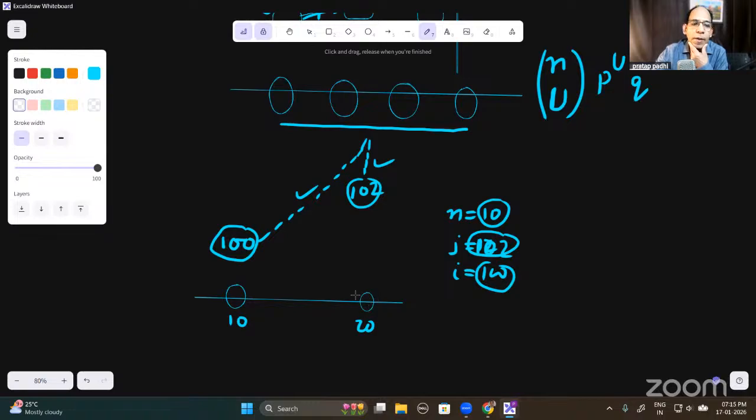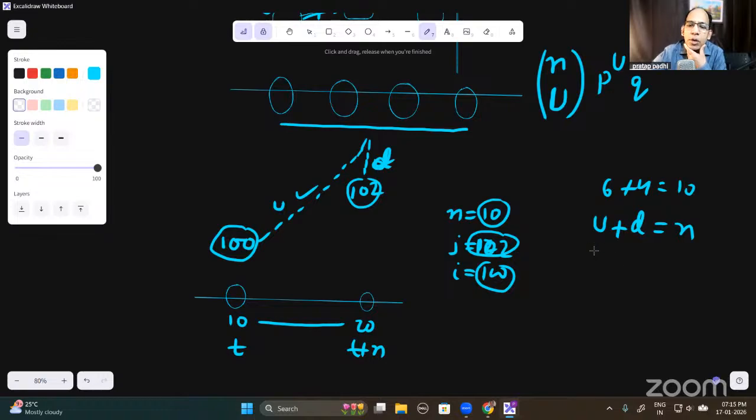Okay, total. So if you have u up steps and d down steps, then u plus d, the number of up steps plus down steps, will be equal to the total number of steps. So in our case, 6 plus 4 is 10, and 10 is n here. How about u minus d?